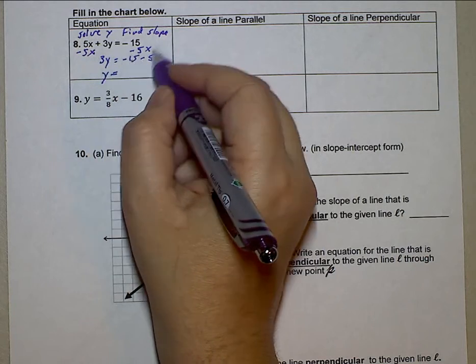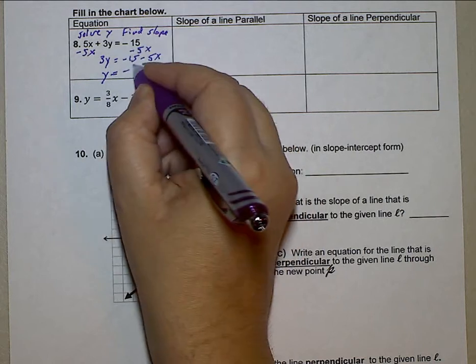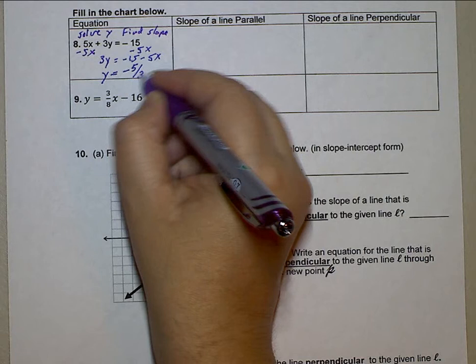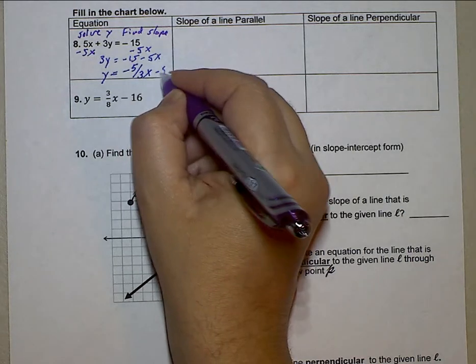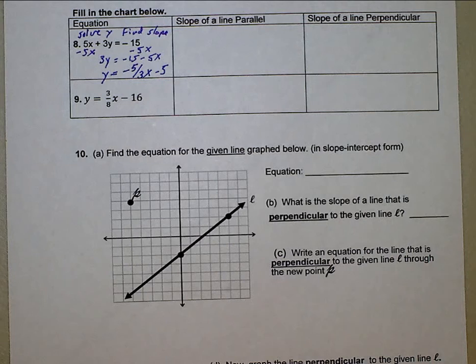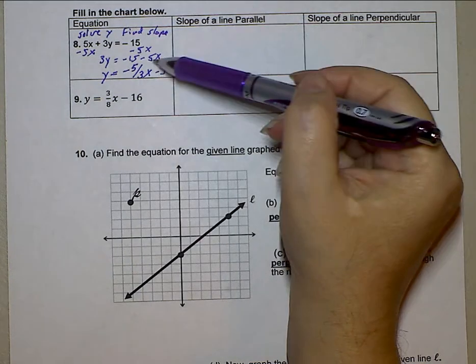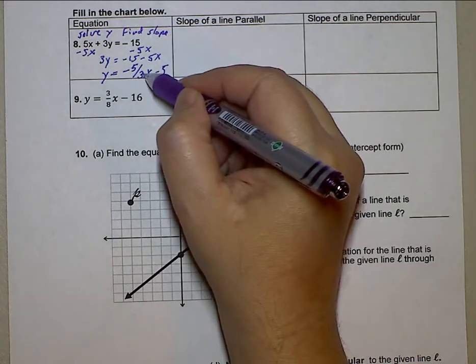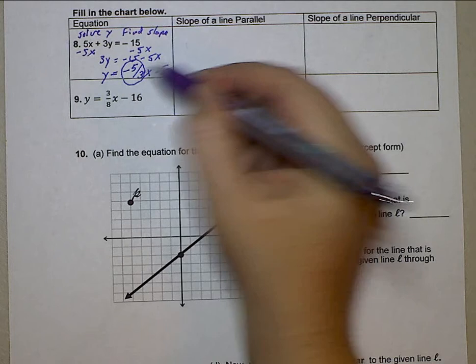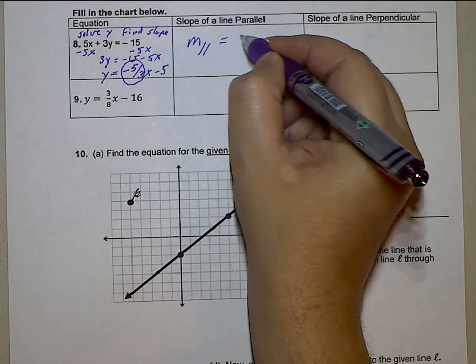And then negative 5 divided by 3 we're going to leave as a fraction. Just rewriting it so that this can be first. So my slope is this. My parallel slope is the same. So I have negative 5/3.